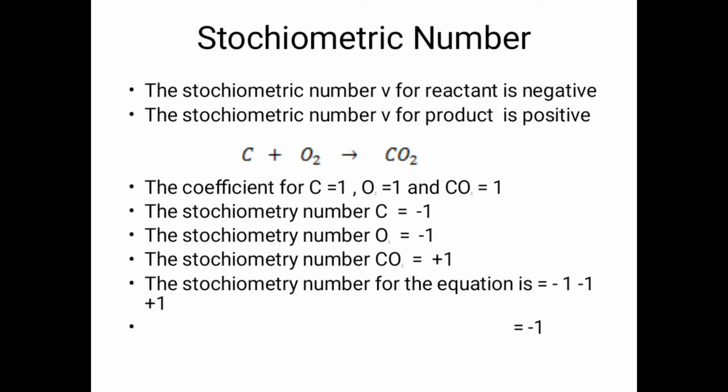The stoichiometric number for the equation is minus 1 plus 1, that is equal to minus 1. So we have to add the stoichiometric coefficients and finally we get the stoichiometric number for the equation. When adding the stoichiometric coefficients, you have to put a negative sign for reactants and a positive sign for products.